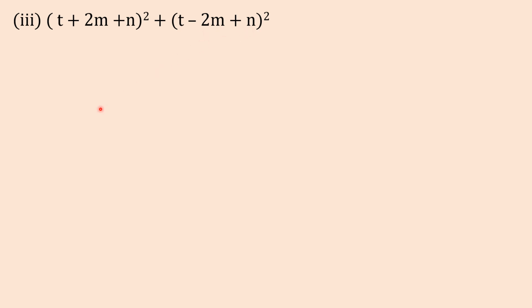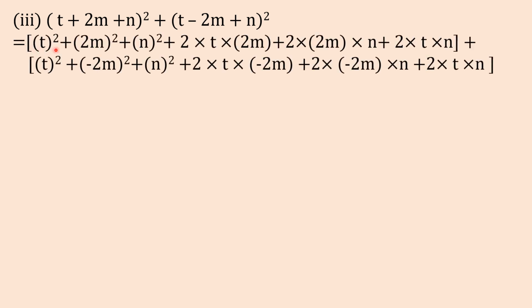So what is the formula? a square plus b square plus c square plus 2ab plus 2bc plus 2ac. So let's first simplify the first part. Put in bracket t square plus (2m) the whole square plus n square plus 2ab, so 2 into t into 2m, plus now 2bc, so 2 into 2m into n, plus 2 into ac, so t into n. Now the middle sign is plus, so we'll put plus here.